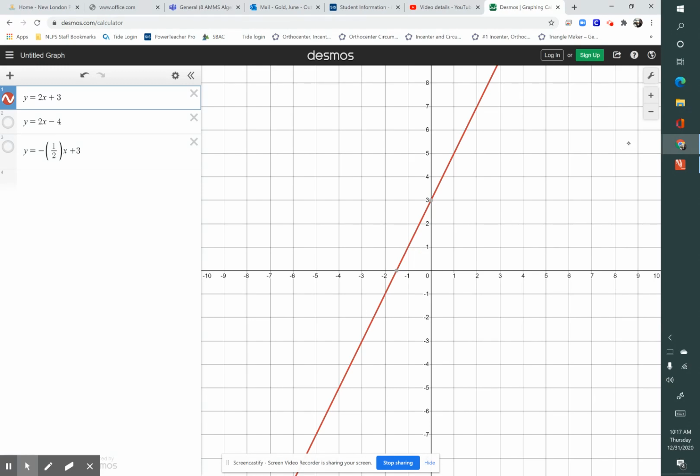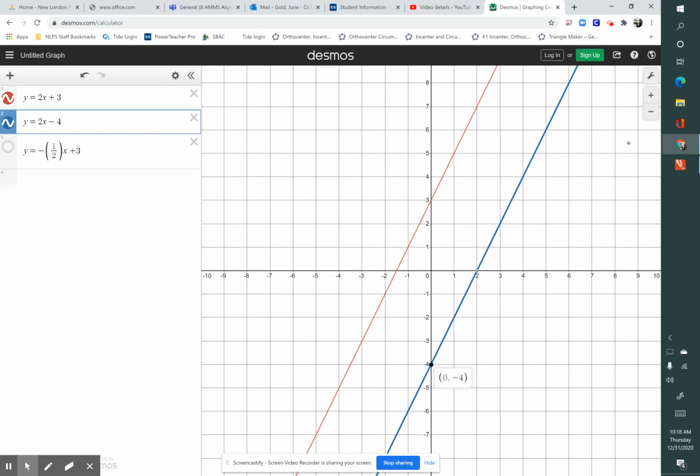Well, let's also show y equals 2x minus 4. In this case, we have a y-intercept of -4, and here it is right here, 0, -4. We also have a slope of 2.